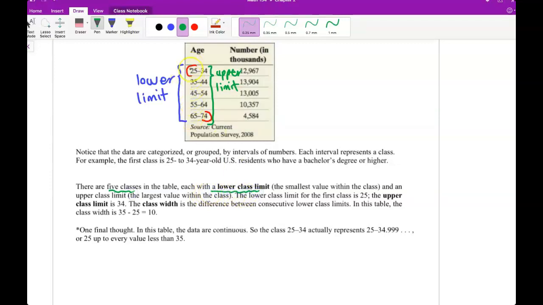So as I said, on the first column we have lower limit, so that is lower class limit, which is the smallest value within the class. So the smallest value that we have here in the first class is 25. Then after that we have 25 point something, or 26, we can say 27, depending on what is the width of your class. We're gonna cover that later.